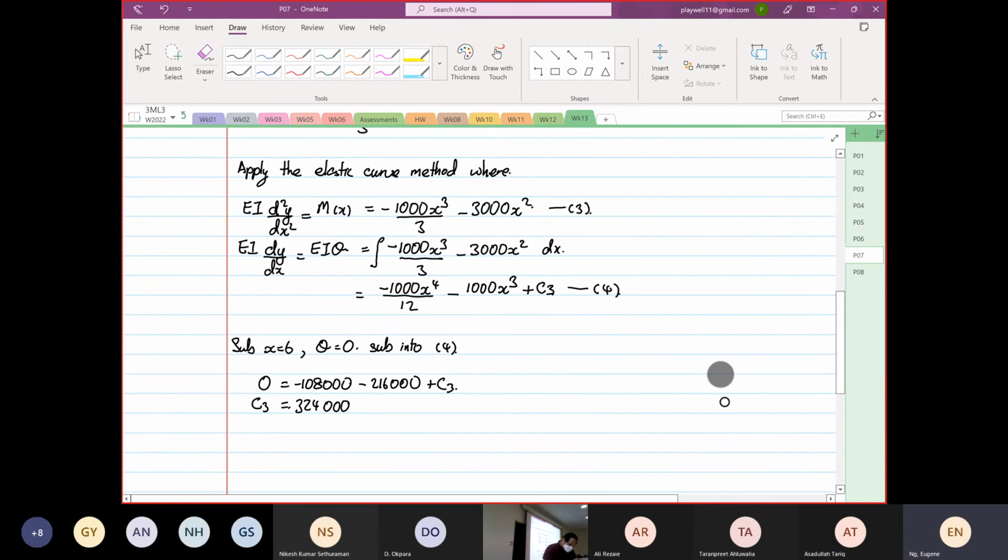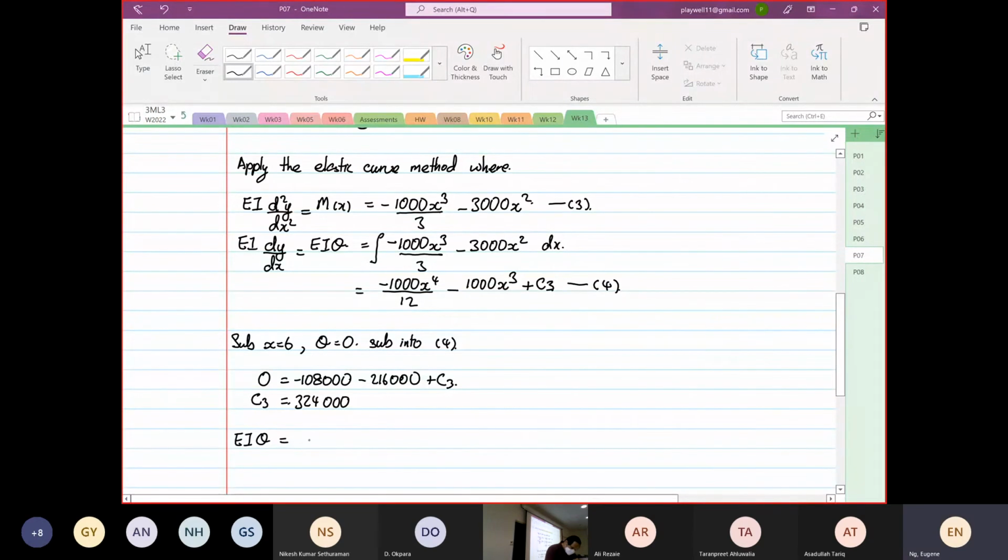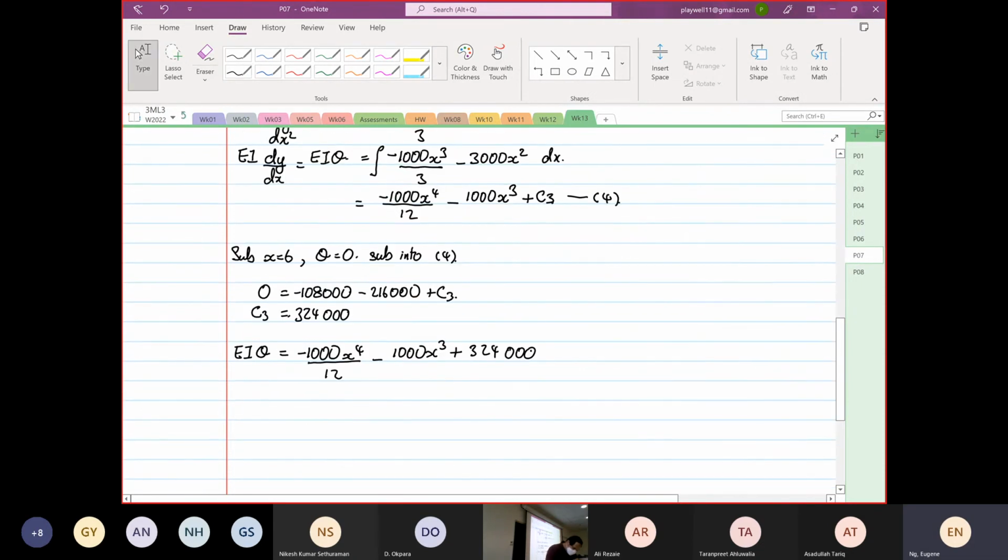So now we know that EI theta is equal to minus 1000 x to the 4 over 12 minus 1000 x cubed plus 324000. So you integrate again. I told you it's not difficult. It's forming the initial equation that is difficult. You have to remember the boundary conditions.